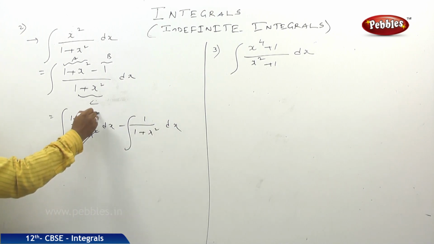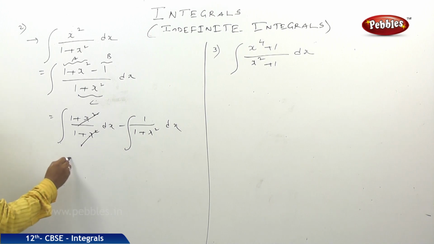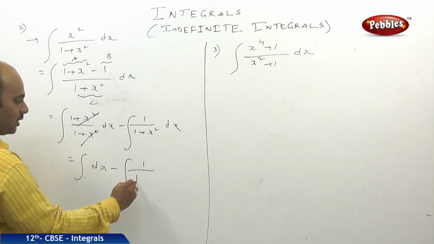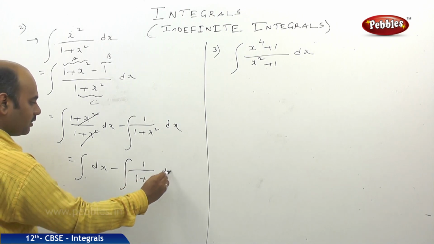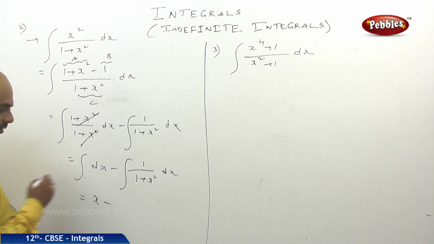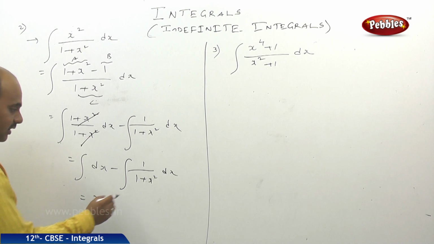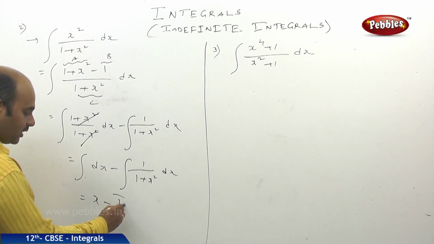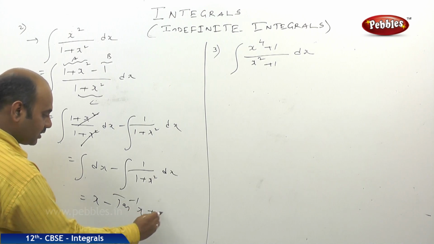So 1 plus x square gets cancelled. So integral of dx minus integral of 1 by 1 plus x square dx. Now integral of dx is x, and for integral of 1 by 1 plus x square, we discussed earlier there is a formula. What is that formula? Tan inverse x plus c.